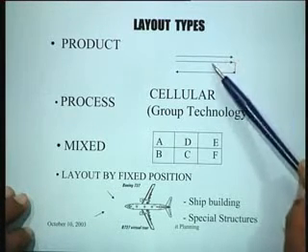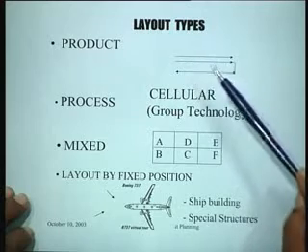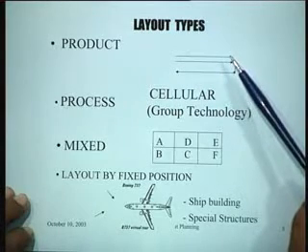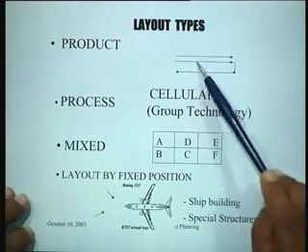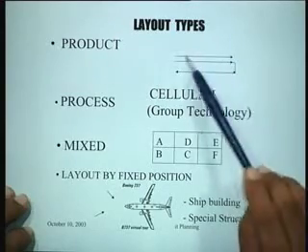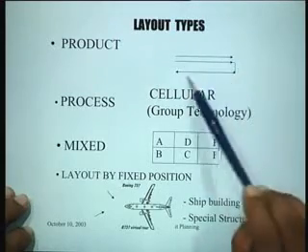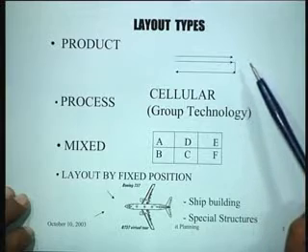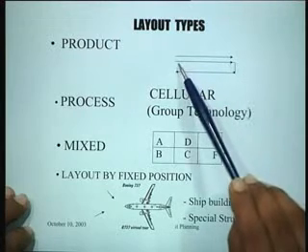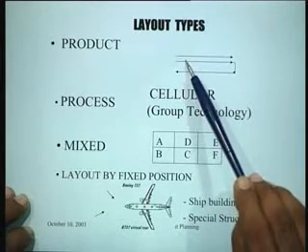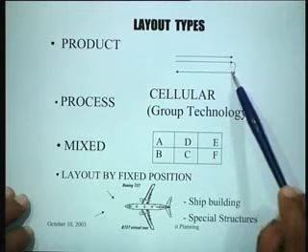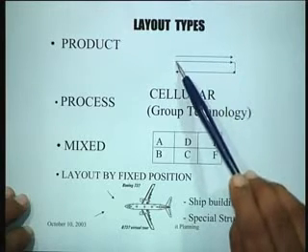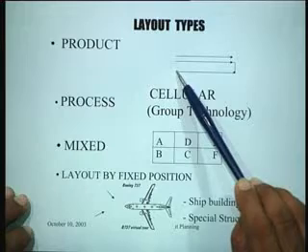The idea here is that the layout is dictated by the product. Whatever operations are required on the product, they are laid out in either straight line or in U mode or in serpentine mode or in any other mode. But the essential thing is that all the operations that are to be performed on the product are performed in sequence, and from the raw material you ultimately get the final product.